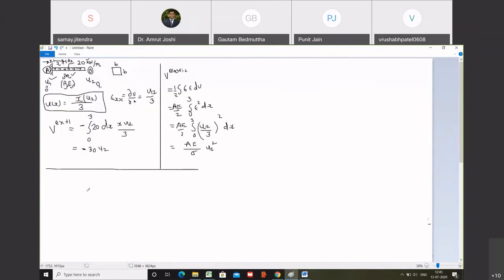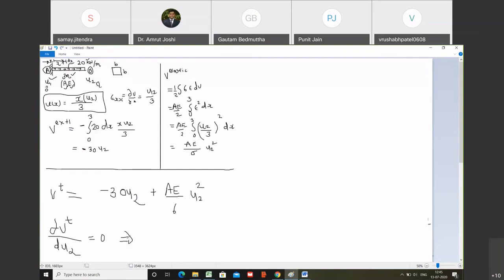So now tell me what is the total V? Total V now is minus 30 u2 plus AE by 6 u2 square. And the differentiation of this potential energy with reference to u2 should be equal to 0.